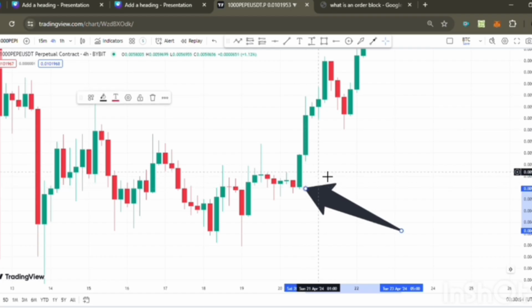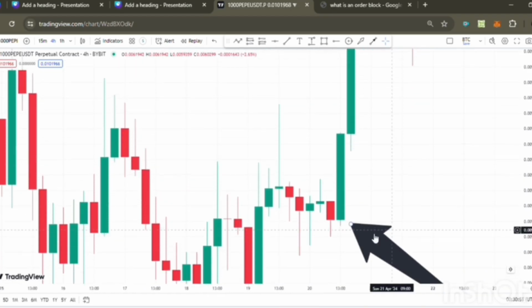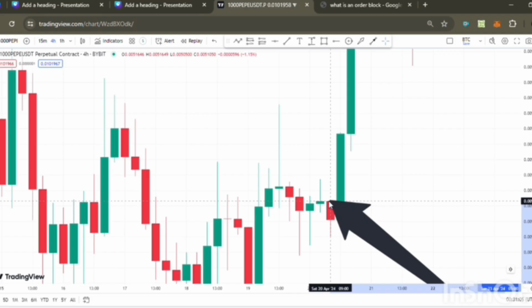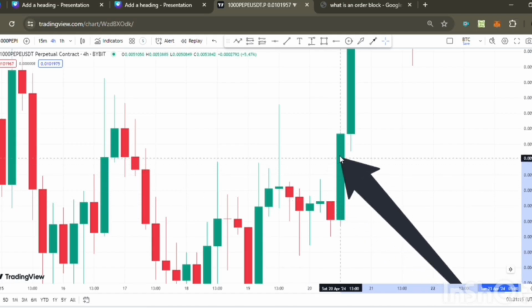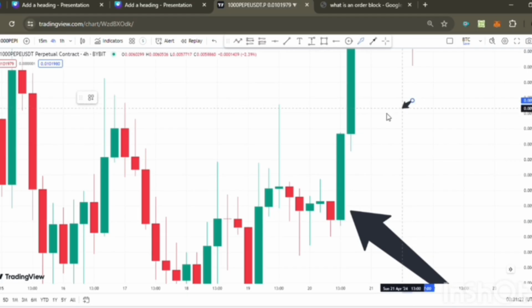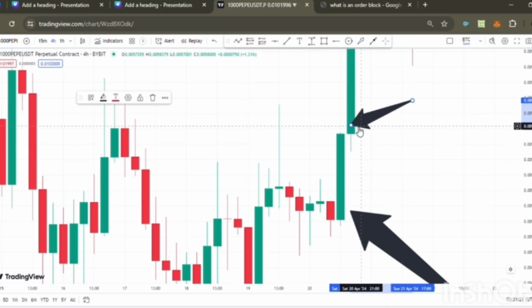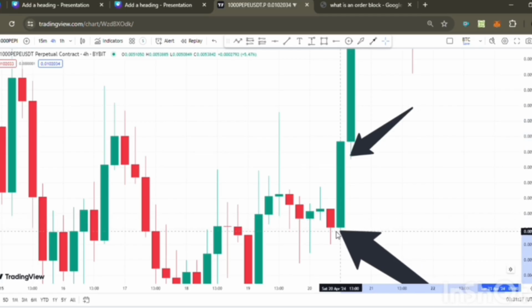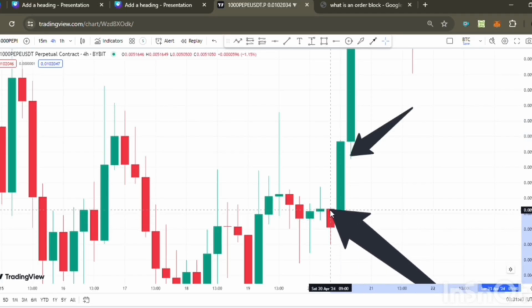The first wick or the body of the bearish candle, either the wick or the body, and the lower wick of the third candle, this bullish candle you see here, the wick of this bullish candle, and the wick or the body of the bearish candle do not completely cover the body of the middle candle.